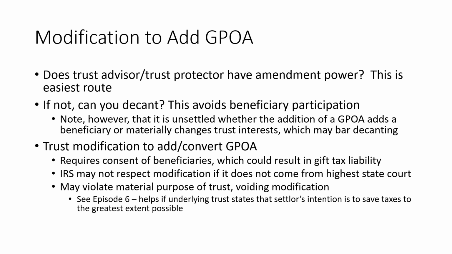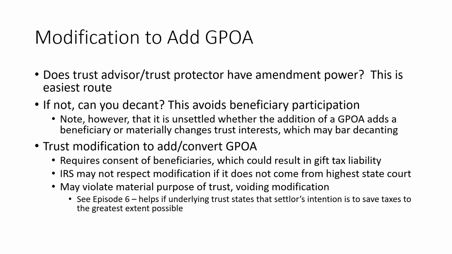But more often what happens now is that you have an existing irrevocable trust, and it was drafted back at a time when the exclusion was very low and nobody was doing this type of planning because you intentionally did not want to include assets of an irrevocable trust in somebody's gross estate, notwithstanding the availability of a step up in basis, because the 40% or 45% back then estate tax rate is much higher than the 20% capital gains rate. But you can now, in some cases, modify a trust to add a general power of appointment.